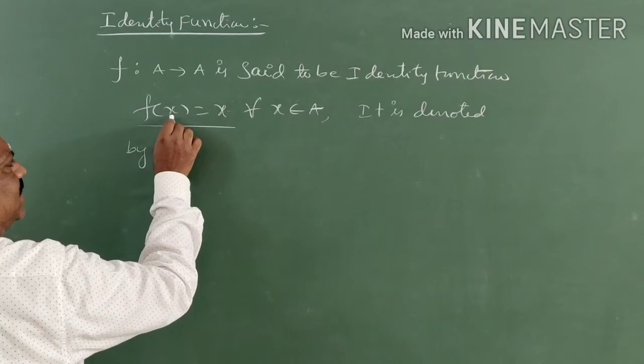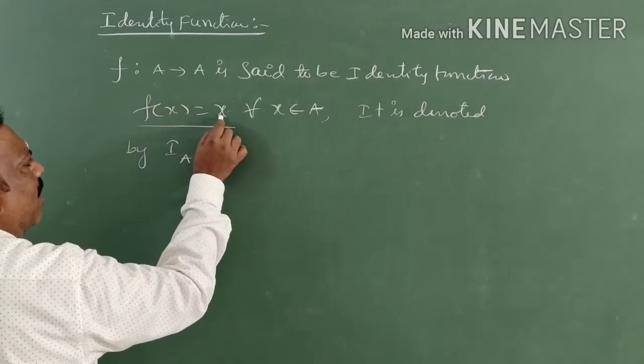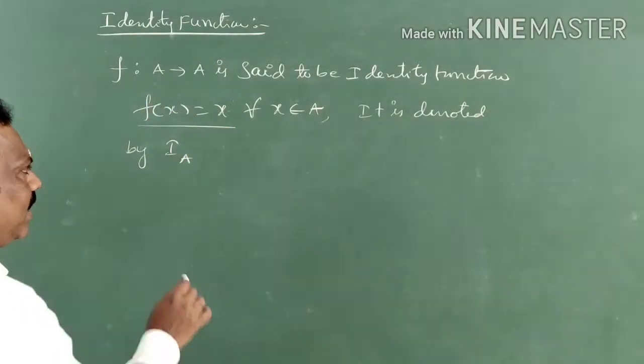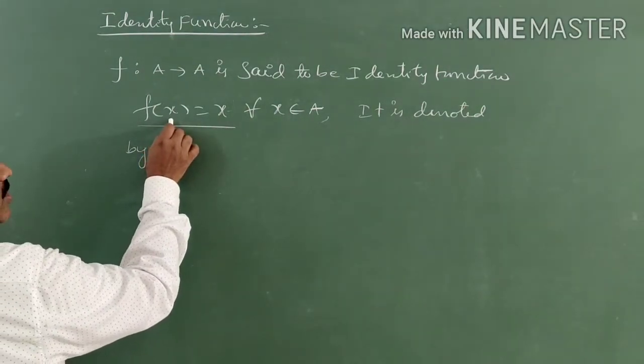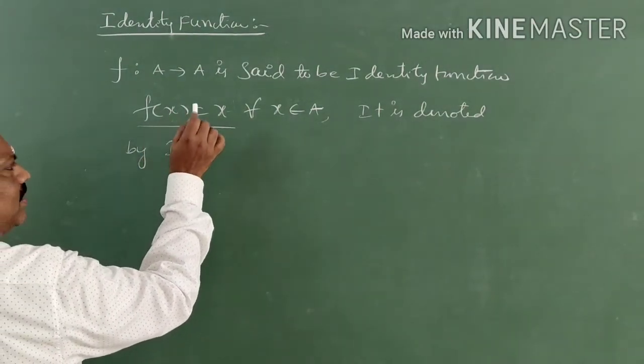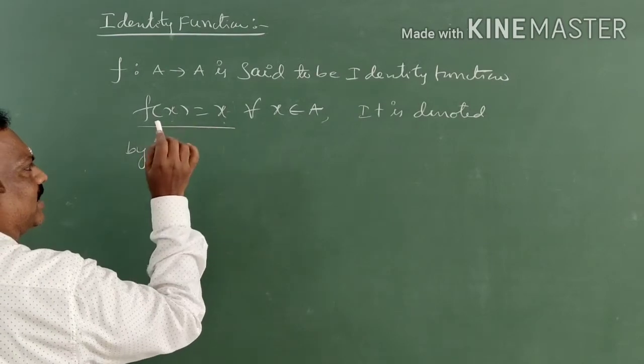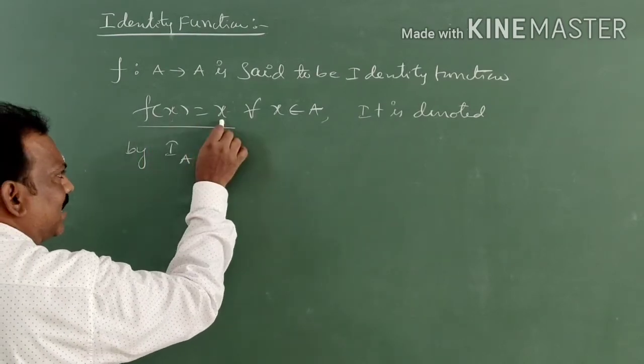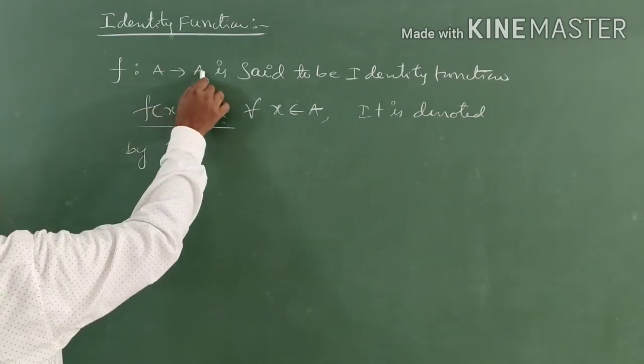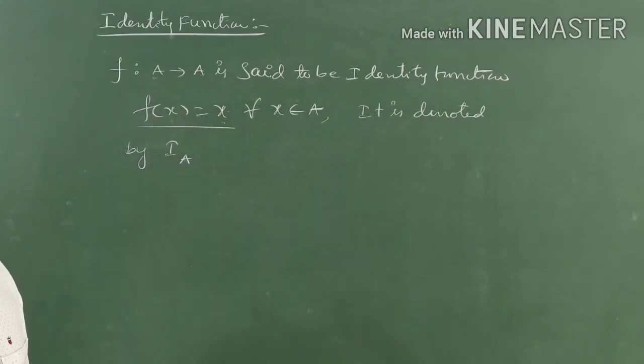I told you x is the input and f of x is the output. Output is nothing but the range. Input is x, so the domain is x, and the range is also x. That's why domain and range are equal, and since it is A to A, the codomain is also equal.